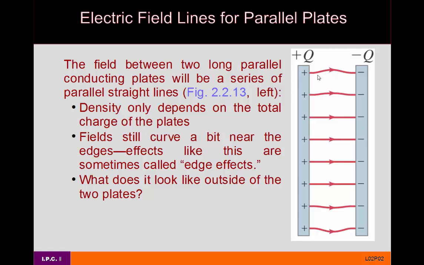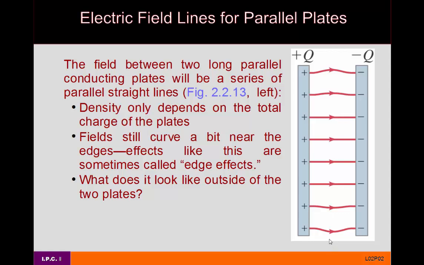And if they are two long parallel plates, and they're conducting, you should have an equal charge distribution along the entire pair. And at least so long as you're not near the edge of the pair, you should be able to just draw fields as being straight lines going from the positively charged plate to the negatively charged plate.